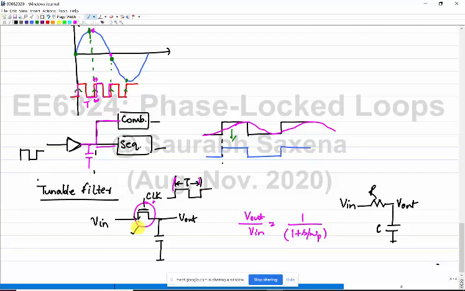So depending on the time period of the clock which you are using for this filter, the on time and the off time, I am showing you most of the time a 50% duty cycle, you can change the filter bandwidth. So this is where you also need a clock, a precise clocking. Any variation in the clock is going to alter your filter bandwidth, which may or may not be desirable.